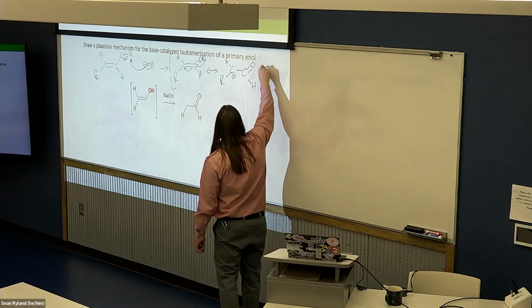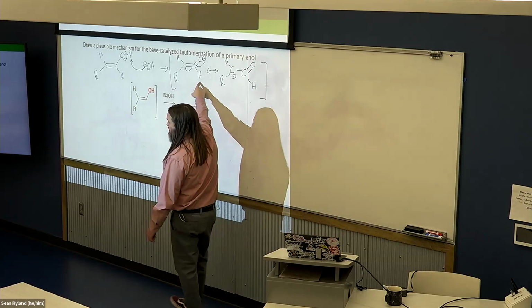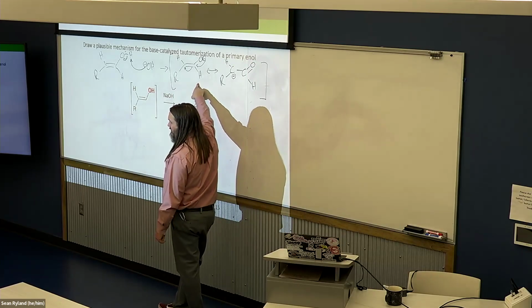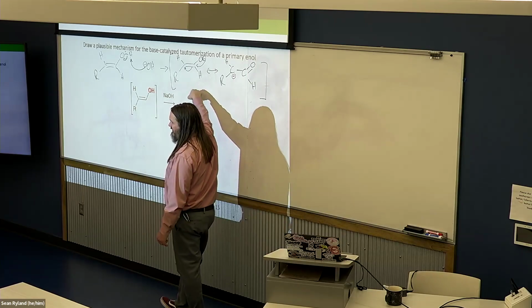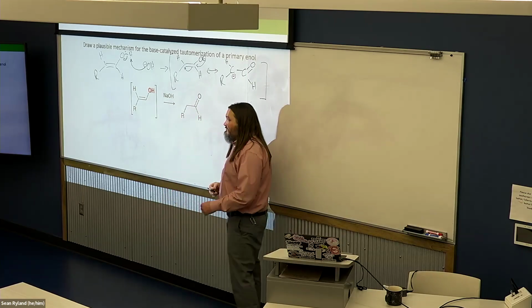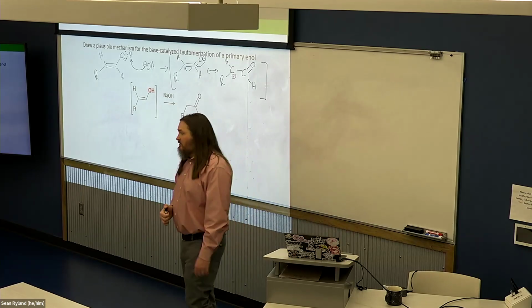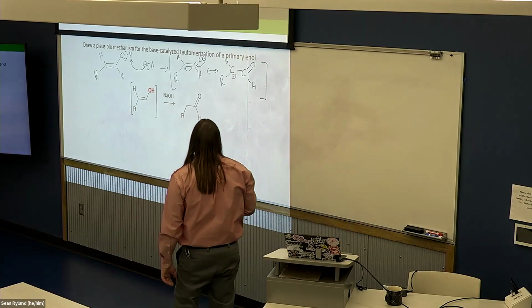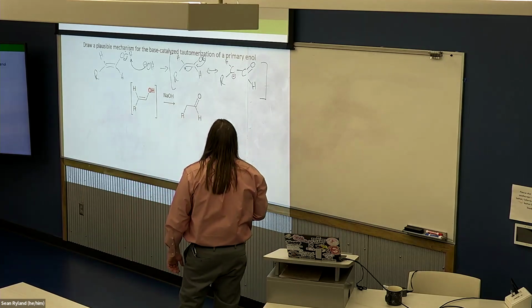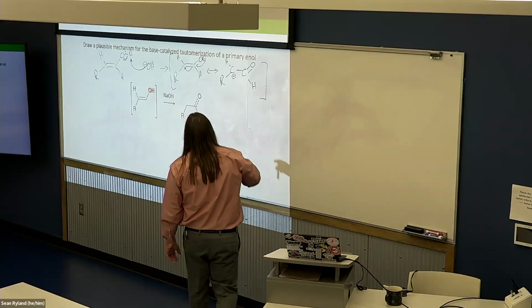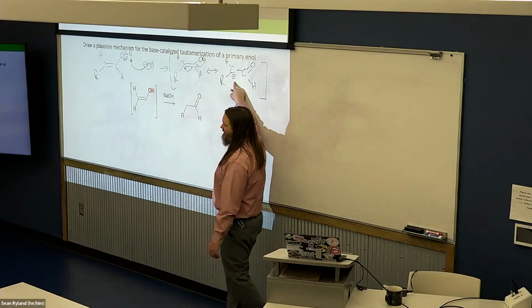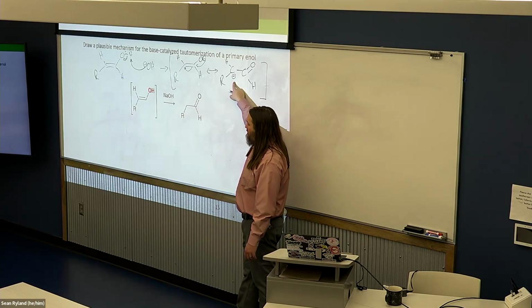Out of these two options, yes, one is probably more stable because we're going to have a negative charge. Everything still has full valence either way. Probably makes more sense to put the negative charge on an oxygen. But either way, we have a resonance structure with a negative charge on a carbon.